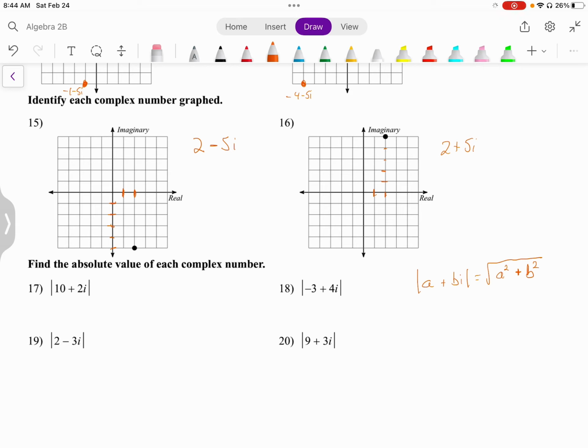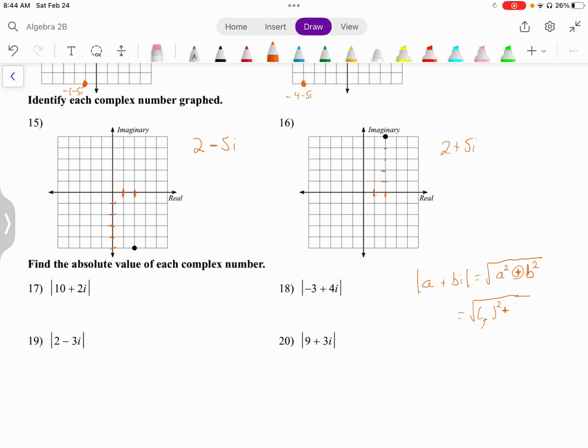There's a few mistakes people make sometimes, so make sure when you square things, it does help to put them in parentheses, because if it's a negative that goes there, a negative squared is a positive. Sometimes people get mixed up with which sign this is. It's a plus because it does relate back to the Pythagorean theorem, a squared plus b squared.